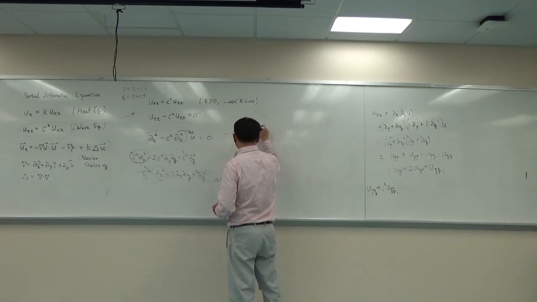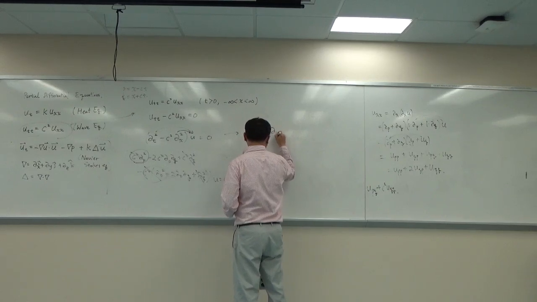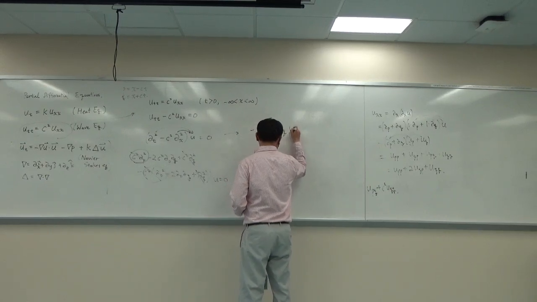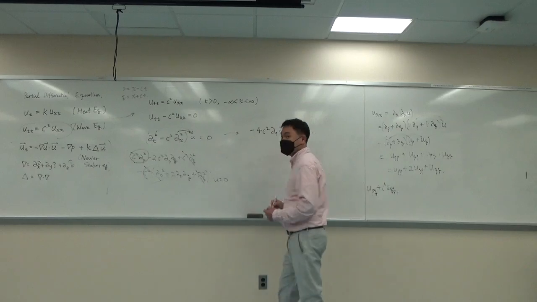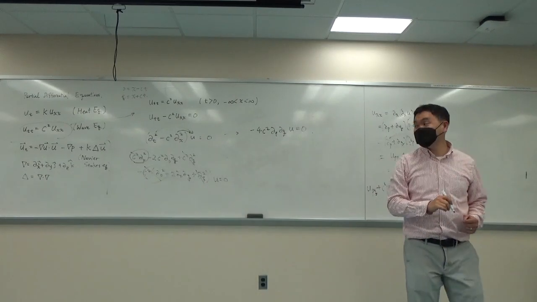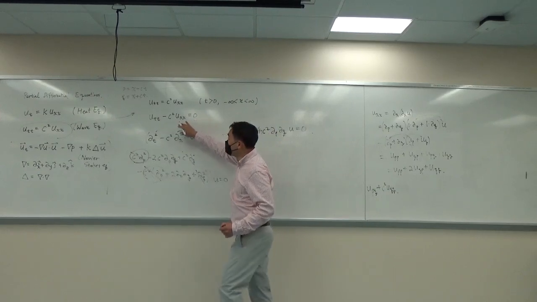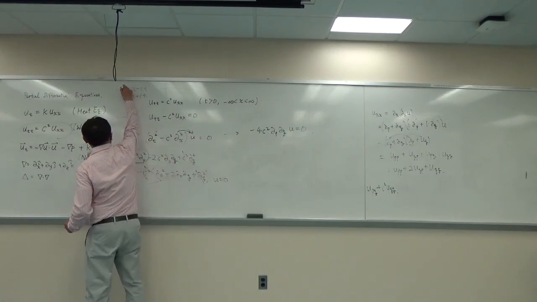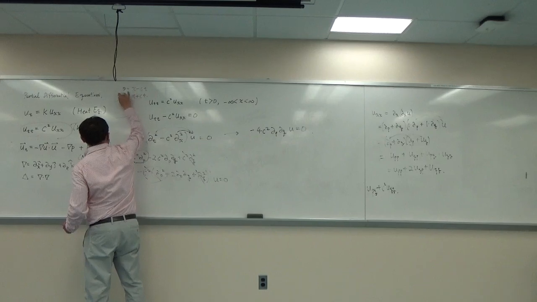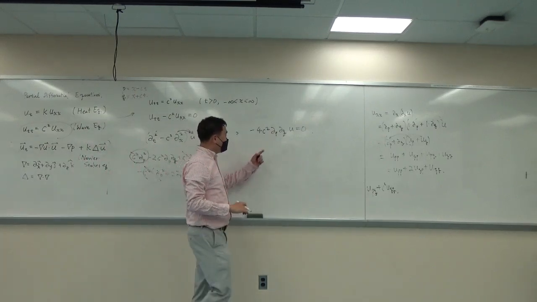You have -4c squared partial p partial q u equals 0. So this equation in terms of p and q, with these change of variables, this is what you get.